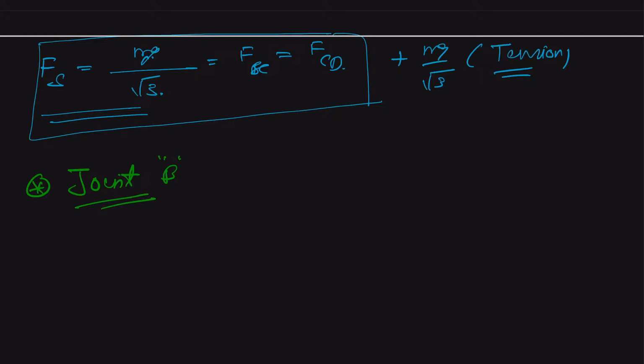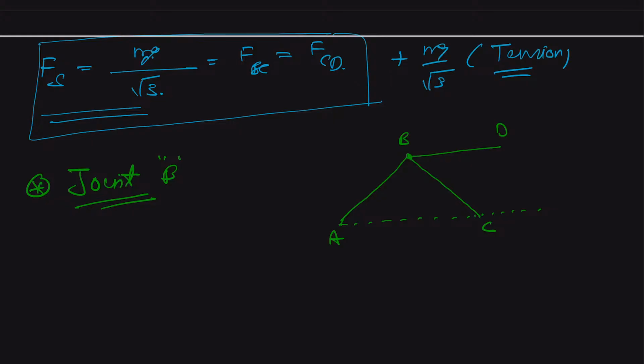And joint B, so this is B and A, and this B is also connected with our D, and along with it is also connected with our C. And once again, let me complete this triangle.